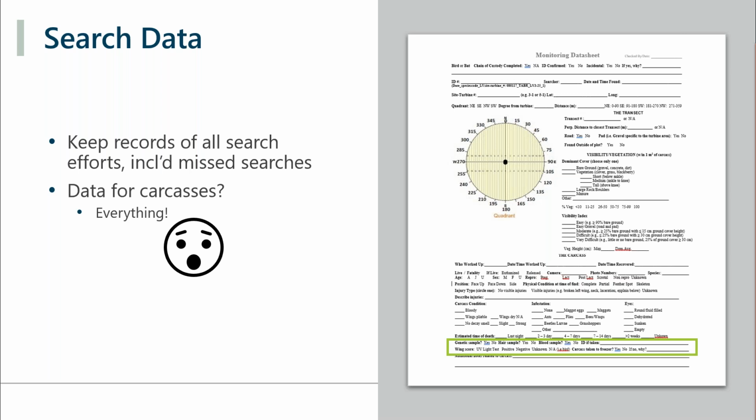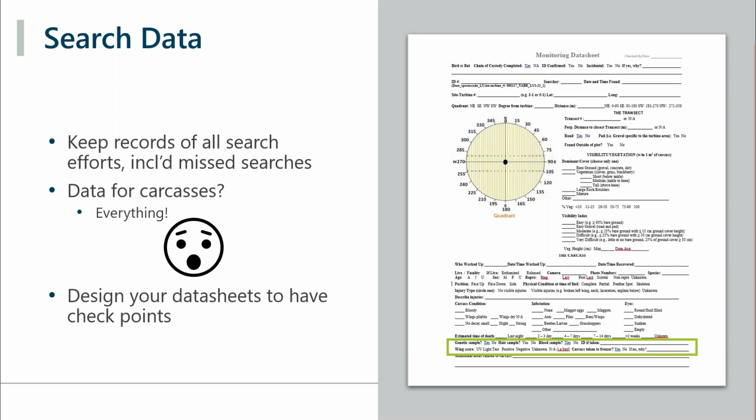And this last part of my data sheet is for documenting when tissue, hair, and blood samples are taken, which I highly recommend for reasons that you're going to hear about in the next presentation. Also, many state agencies are now asking for folks to document if bats have evidence of wing damage from white nose syndrome. So if they ask you to do this, this should be included in the data sheet as well. And then finally, what was done with the carcass should be documented.